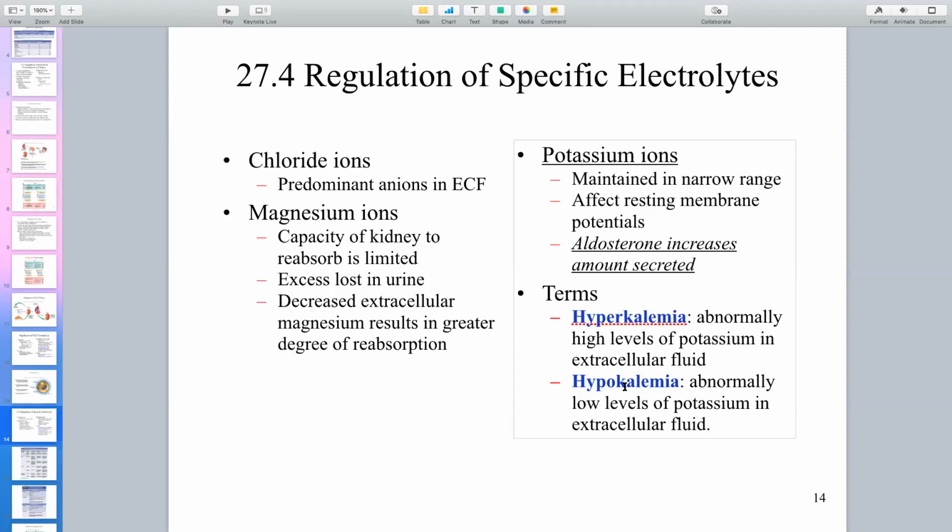Why? Because we know that when you're dehydrated, you're going to produce a lot of aldosterone. In the process of producing the aldosterone and releasing it, your kidneys are going to reabsorb a lot of sodium, but at the cost of potassium being secreted. So then with that dehydration, potassium levels are also low.